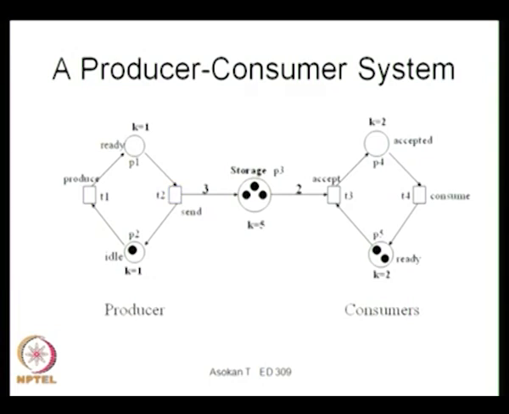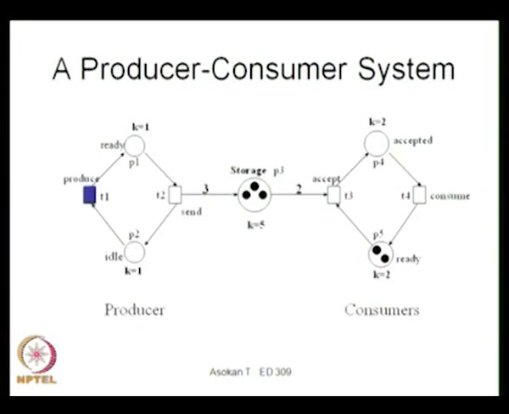This one producer produces 3 items, that is why once he sends the items to the storage, the value of this place is 3 now, and the producer is again free to produce. Now he can produce more, but it cannot be sent here, because next time if he sends it will be another 3, but it can take only 5. Therefore we need to ensure that before he sends this item here, it has to be accepted by the consumer. We will see how we represent this scenario.